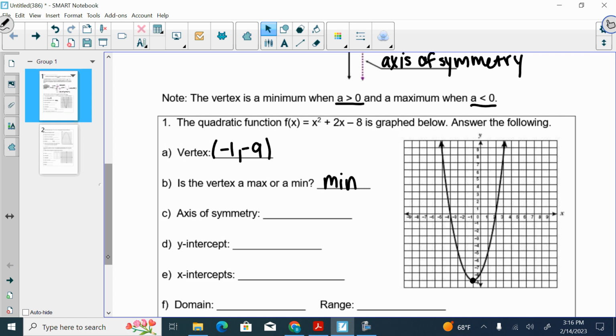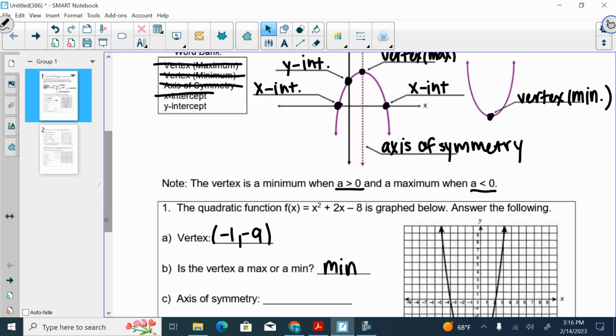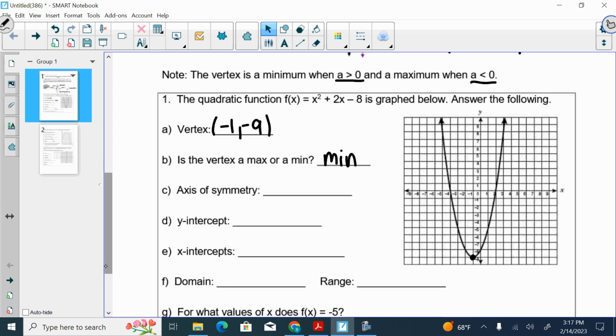And if you notice, our axis of symmetry went right through the vertex, right? So ours is going to have to be the same. It's going to be a dotted line that goes through our vertex. So it'd look like this. If I fold in half on that line, everything's going to meet up, okay? So if I fold in half on the line, what line is that? The vertical line. So is that x equals or y equals?